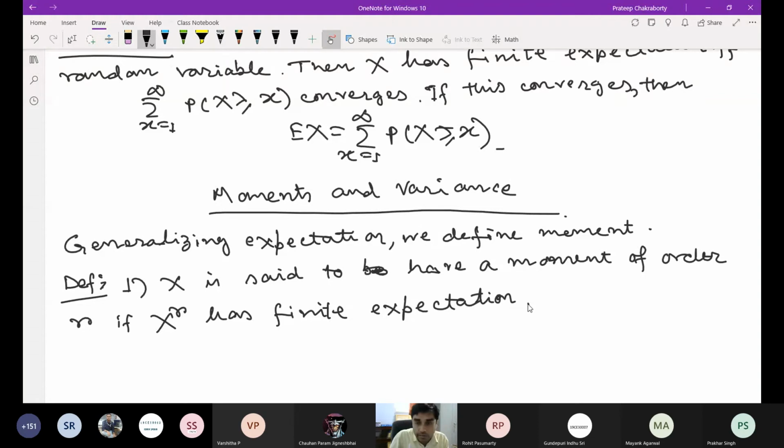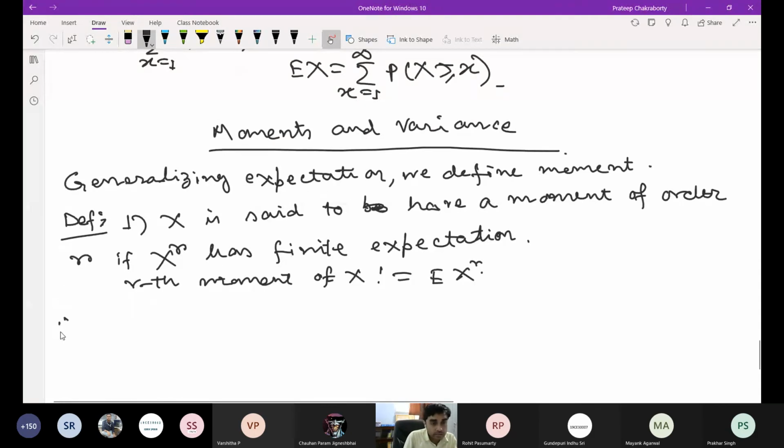In this case, if it has finite expectation, the rth moment of x is defined as the expectation of x power r, or E[x^r].